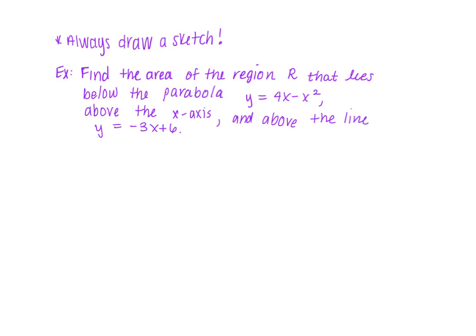So it says the area of the region bounded by the parabola y equals 4x minus x squared above the x-axis and above the line negative 3x plus 6. So we're going to sketch a graph of this region.